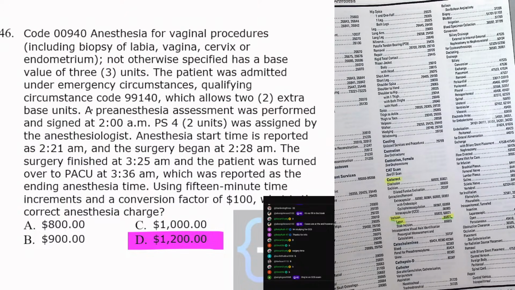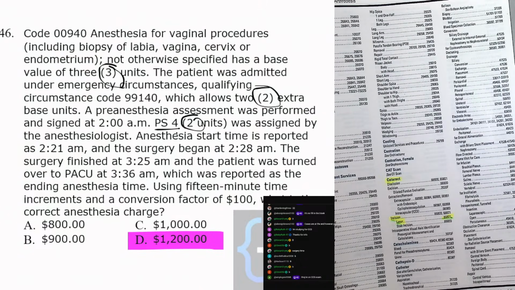But all you would do is take the units that they're telling you, right? There's a 3, there's a 2, there's a 2. You take those, add those together, right? We'd get, what have we got? We also have a P4 patient. Yep, 2 units there.